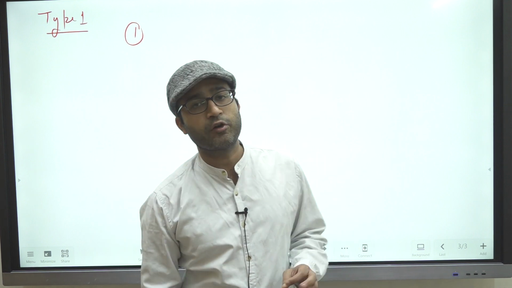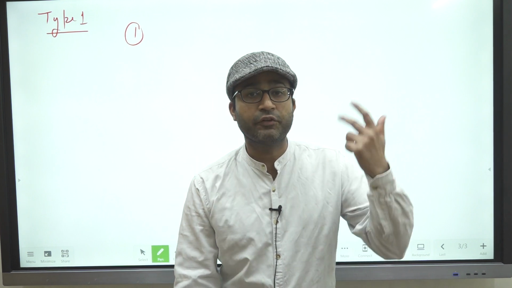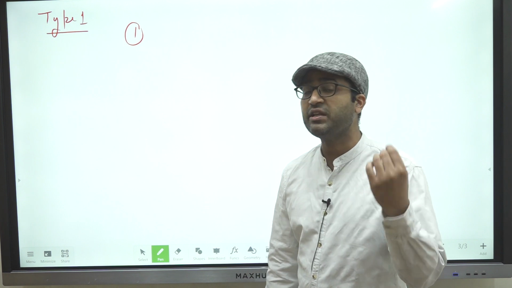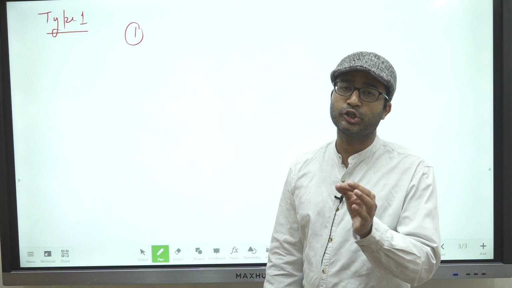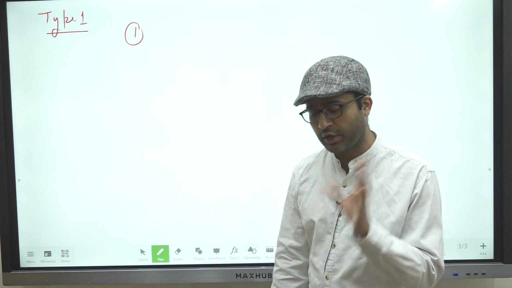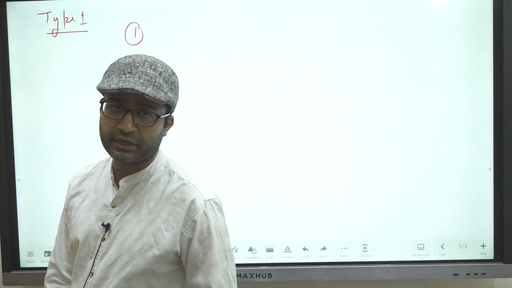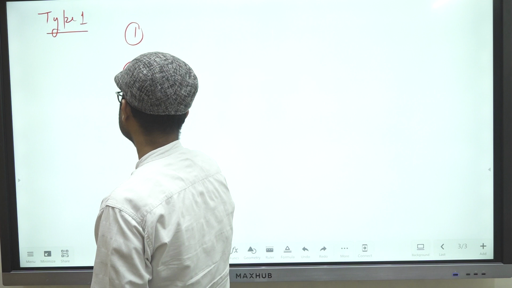What I found is that when I take one example, 50% of students understand the concept. With the second example, 90% understand the concept. With the third example, 99.99%. The rest, 0.001%, you have the recording with you, you can see the recording. So this is a type 1 question. Let me take 3 examples, first, second, third.